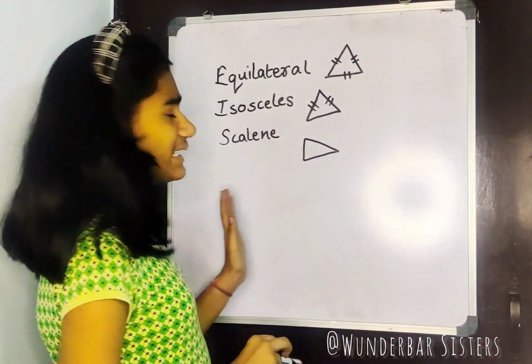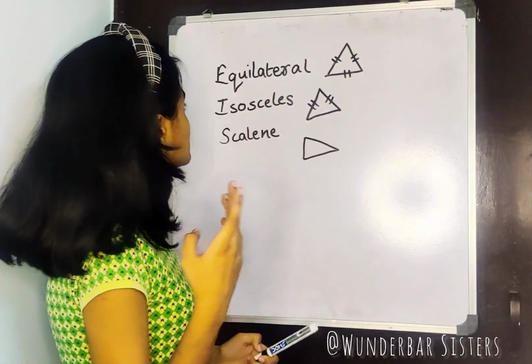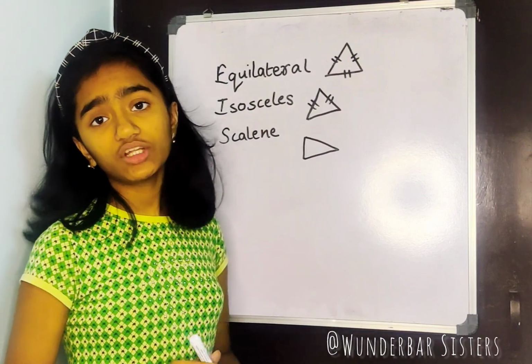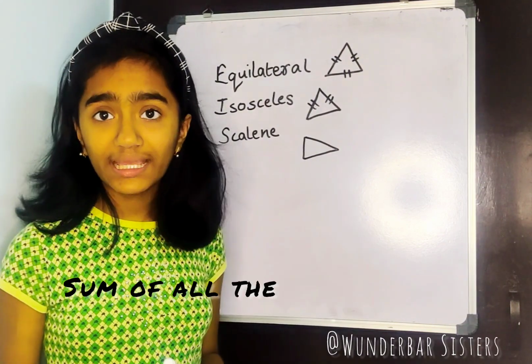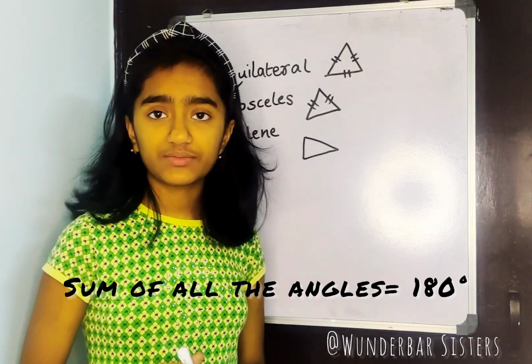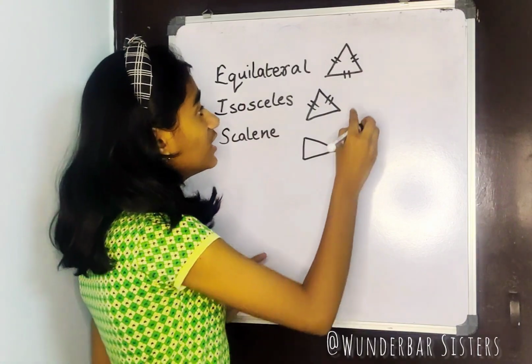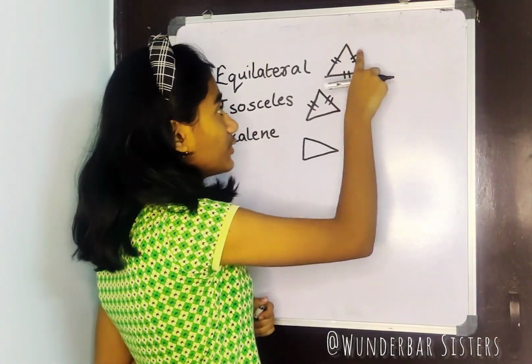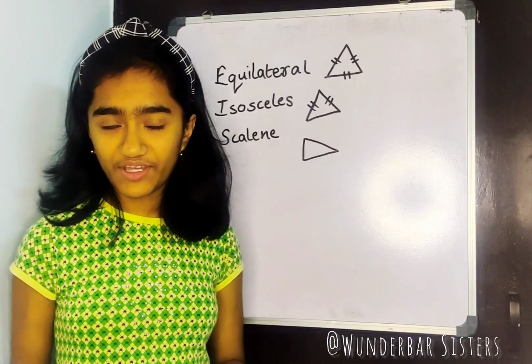Now I would like to tell you that no matter the size of a triangle, no matter if it is equilateral, isosceles or scalene, the sum of all the angles of a triangle must always be 180 degrees. So in an equilateral triangle where all the sides are equal, the angles are also of equal measurement.